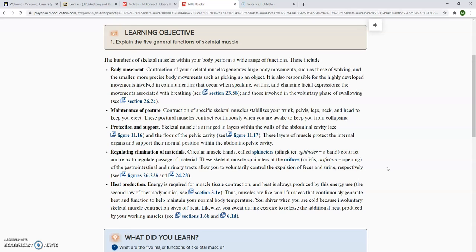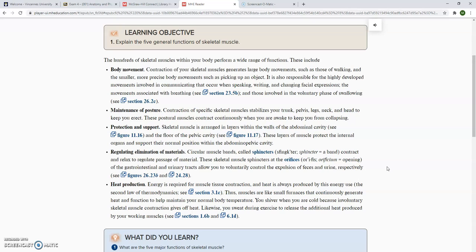But it does have a role in keeping our bodies at that normal temperature. About 80% of the heat in our body is actually from when our muscles contract and we convert chemical energy to mechanical energy. We get a lot of heat as a byproduct of that process. So that is a big function of our skeletal muscles, to keep us warm, to keep our body temperature where it needs to be.